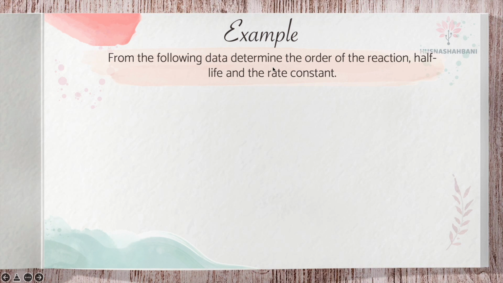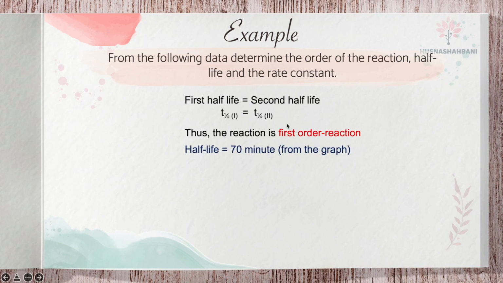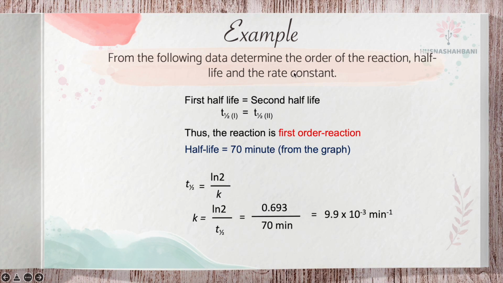From the following data, determine order of reaction, half-life, and the rate constant. We have already determined the order of reaction, which is first order, and then the half-life already get 70 minutes from the graph, and rate constant K. In order to find K, we can use the half-life equation. Half-life T half equal ln 2 over K. We already have half-life 70 minutes.